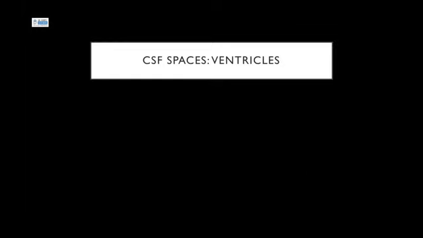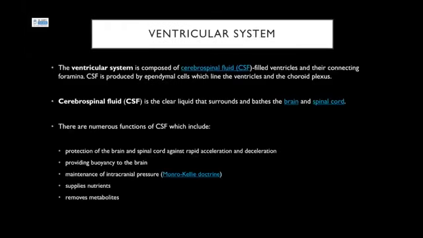So we're now going to go on and discuss the ventricular system. So as you know, the ventricular system is composed of CSF-filled ventricles and their connecting foramina. So the CSF is produced by ependymal cells, which line the ventricles and also the choroid plexus.